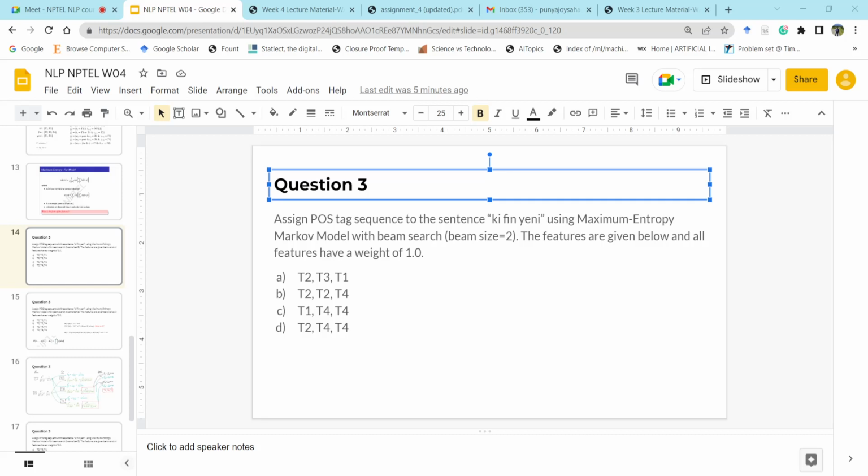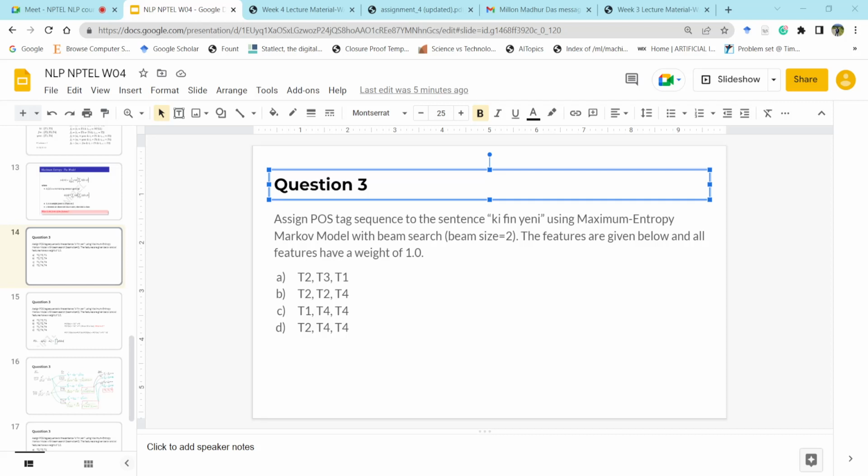These are the words given to us, and we know that ki can be T1 and T2. Fin can be T2, T3, and T4. So these are basically POS tags.